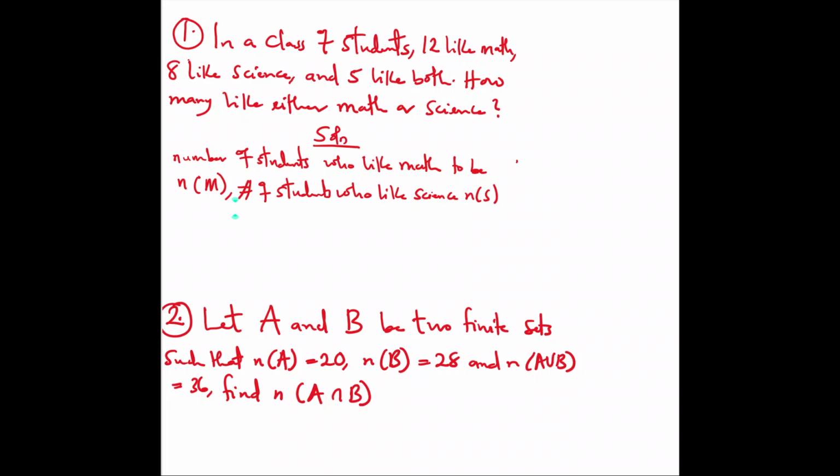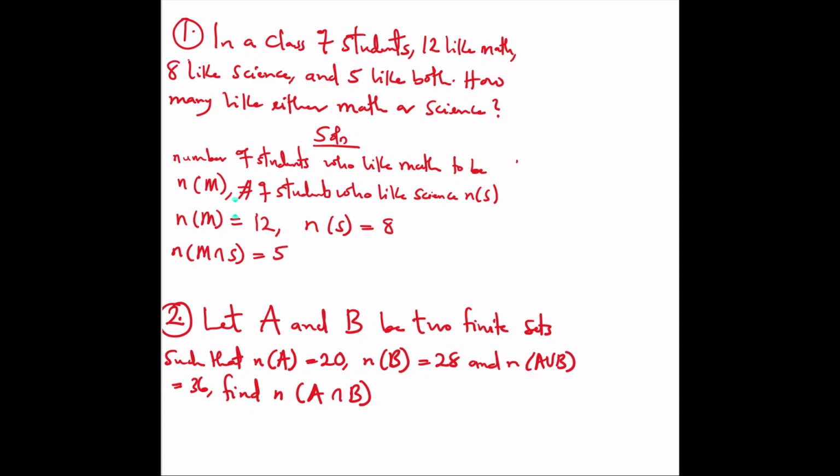Now n(M) is equal to 12 and n(S) is equal to 8. The number of students that like science is 8. And the number that like both, that will be n(M intersection S), is 5, the number of students that like both.